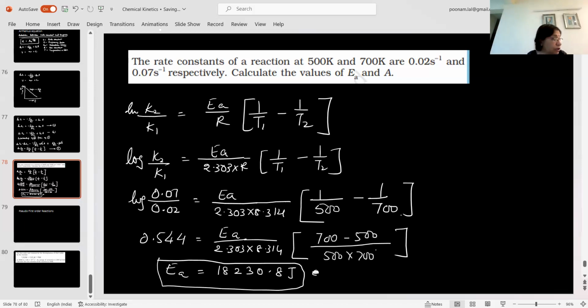Now the next part of it is you have to calculate the value of A. You have to use Arrhenius equation, but I don't think those questions are in your syllabus. I have to confirm.